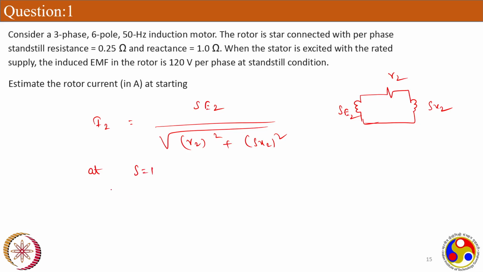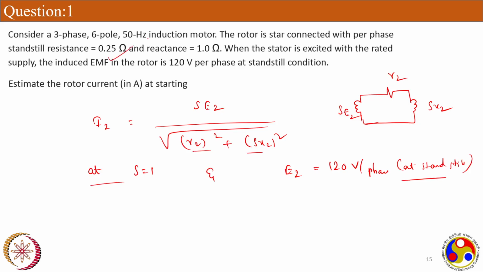Starting means N_R is equal to 0. And S equal to 1 we also call the standstill condition. At that standstill condition, we are given E2 equal to 120 volts per phase, and R2 and X2 are also given.